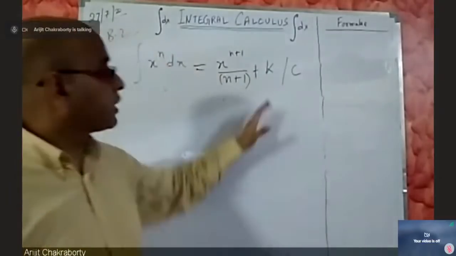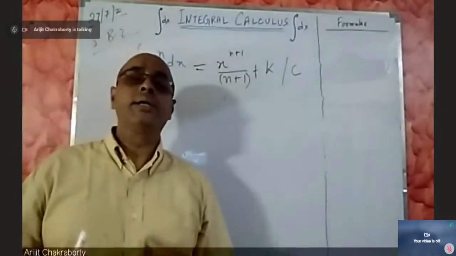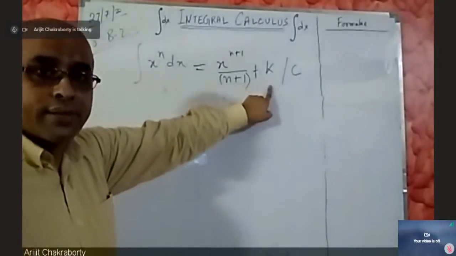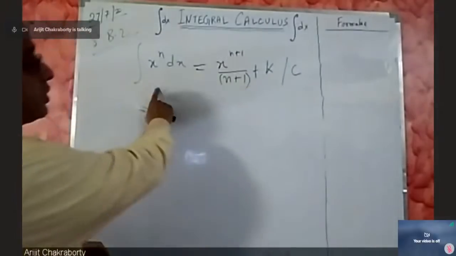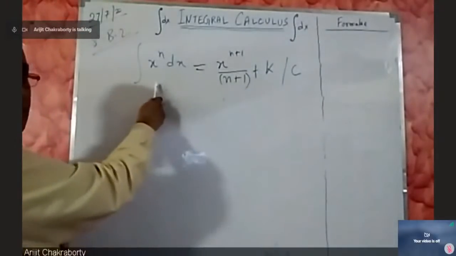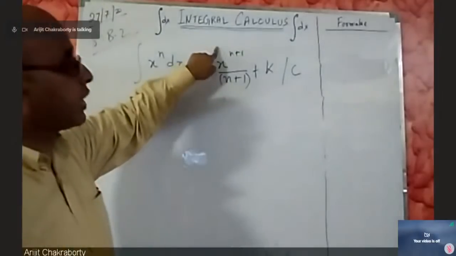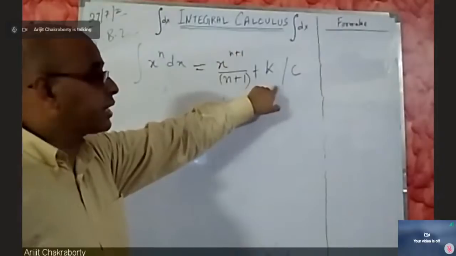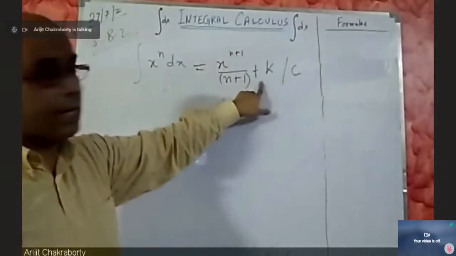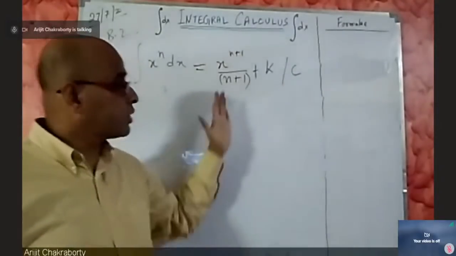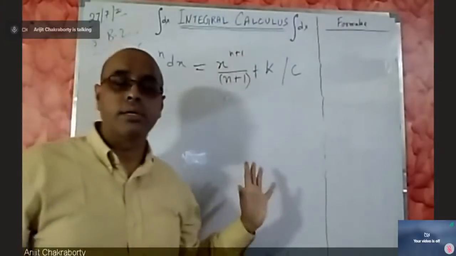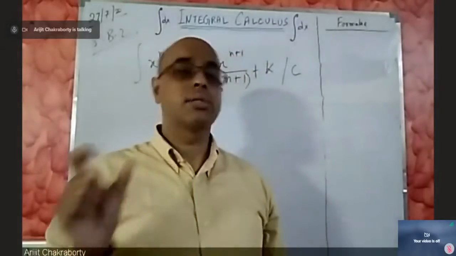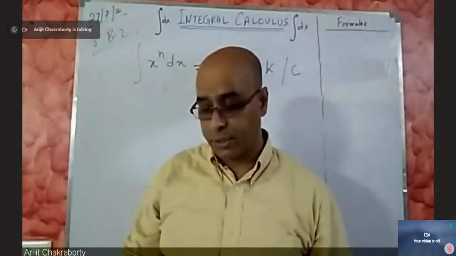So after you find out the integral of x to the power n dx, it is x to the power n plus 1 divided by n plus 1 plus constant. You can take C or K as a constant, but it must be clearly mentioned that it is a constant of integration. You must know that K or C stands for the constant of integration.